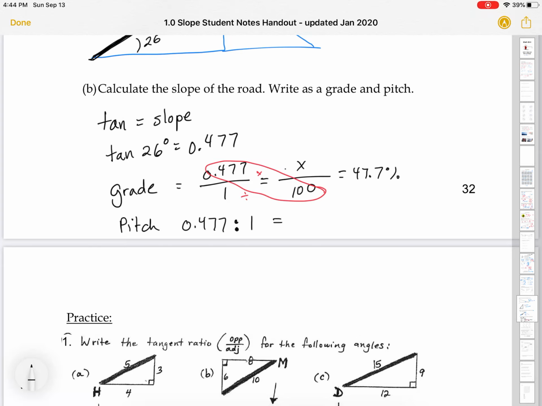We could also write this as 47 or 48 to 100, right? Because we know that from the grade above. Any kind of ratio that you want to write it as. I just rounded there to 48. Technically, you can leave it that way, okay? But you should be able to convert back and forth from grade and pitch, right?